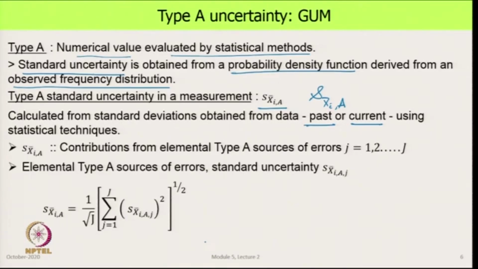So, there will be elemental sources of error on this count. So, type A elemental errors, they could be j in number, and we could qualify this as s x i A with a subscript j.